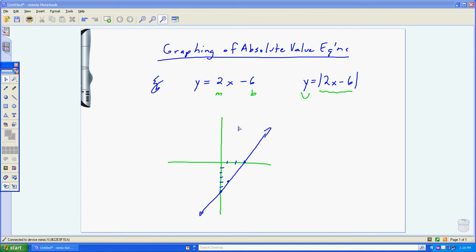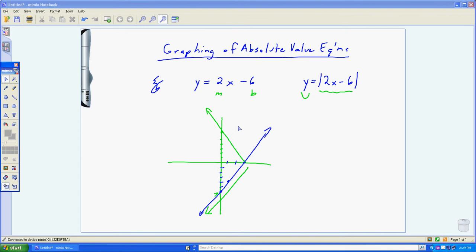So in essence, the whole graph that's down here where y is negative, we make all those y values positive. So where we've got negative 6 here, we go 1, 2, 3, 4, 5, 6. And you can see where our graph is going to turn and go like that instead. So it's the same graph, only everything that's below the x-axis flips and becomes positive, right?